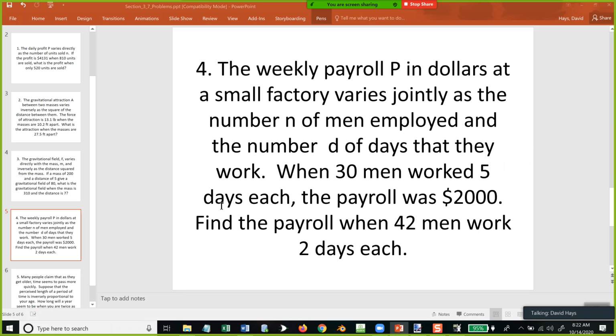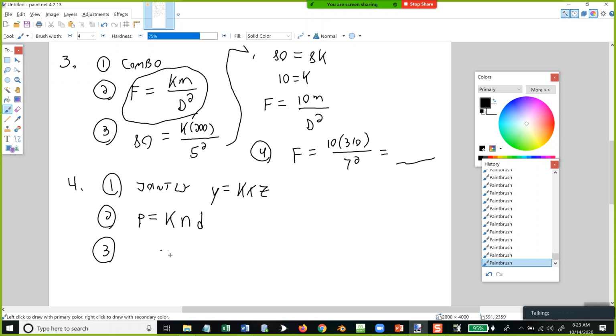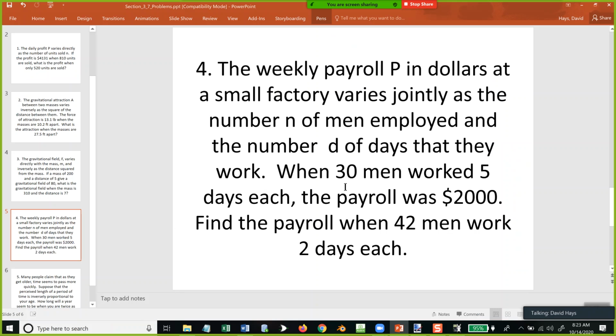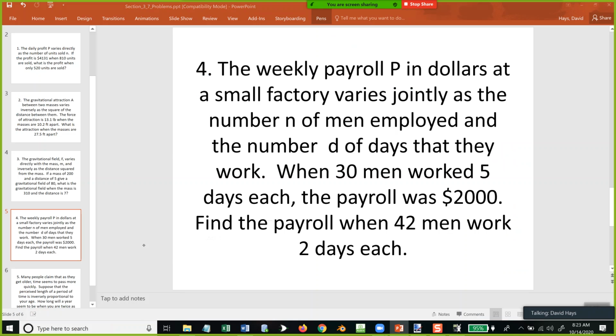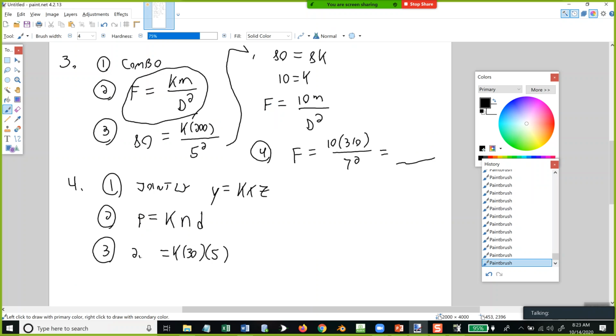Step 3, look for your one example. When 30 men, N is the number of men, work 5 days each, so D is number of days. Payroll is 2,000. Now we want to use that to solve for K. So 30 times 5 is 150.